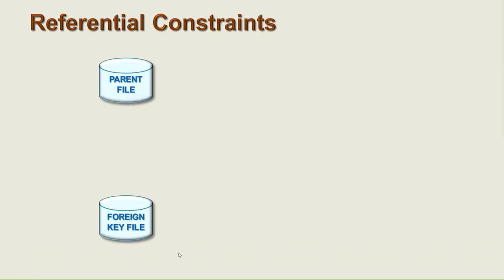The important thing to remember here is that the constraint is defined in the foreign key file. It's not defined in the parent. So all referential constraints are defined in the foreign key file and point upwards to the parent.